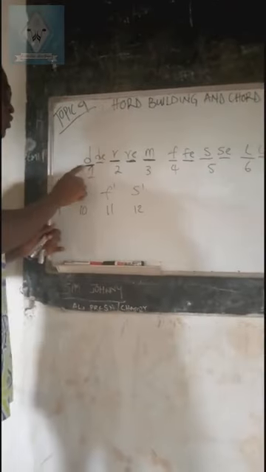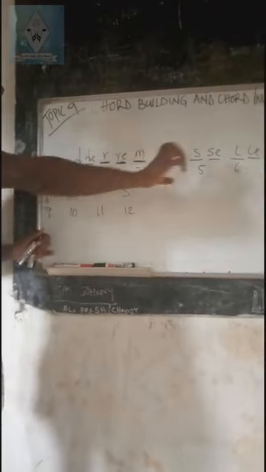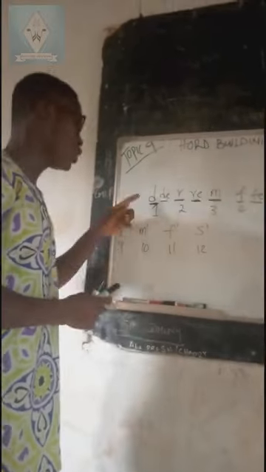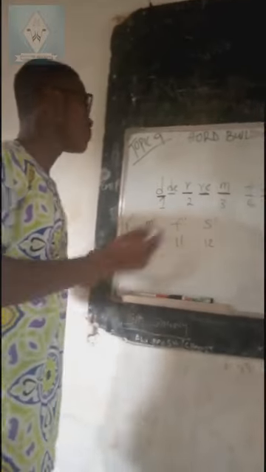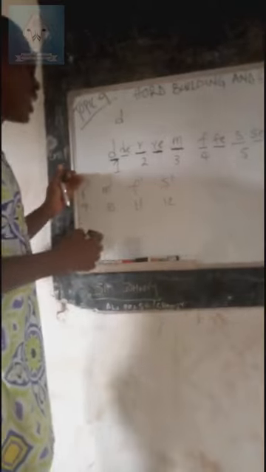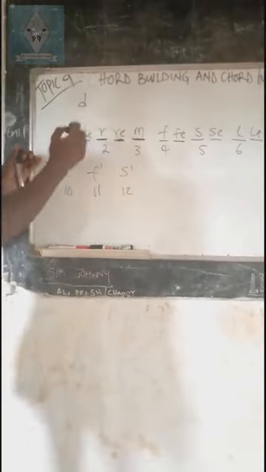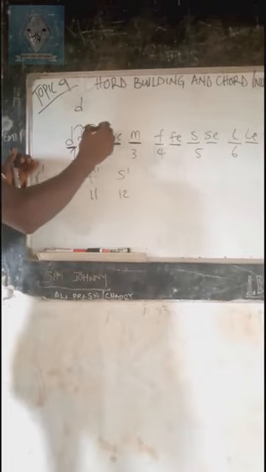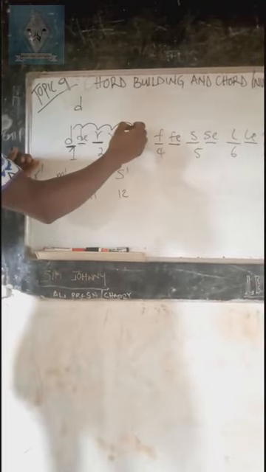Now, note that the root for musical notes may not always be on Do. If I pick Do as my root and I'm looking for a major third, I'll just count 4 semitones from Do, and 4 semitones from Do falls on where? 1, 2, 3, 4.